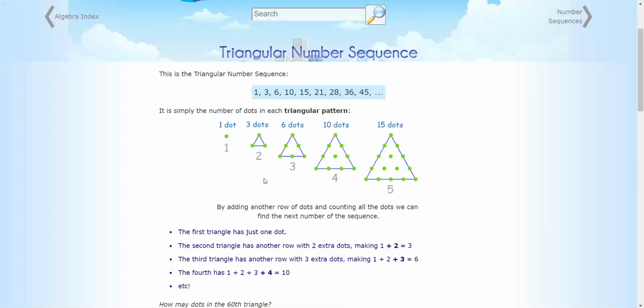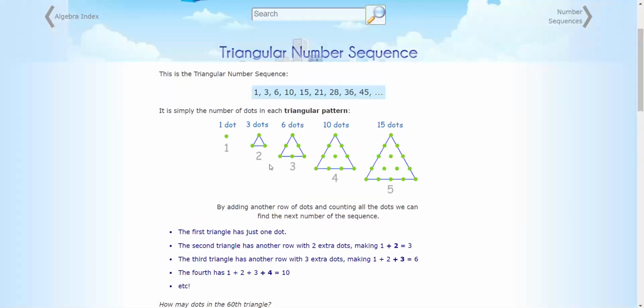Oh, so you basically just add another row every time, adding an extra dot to the end. So in this case you had 2, and then the next one would be 3, this one would be 4, and then the other one would be 5. So those numbers build the 15 dots, and that's how the triangular number sequence came from.